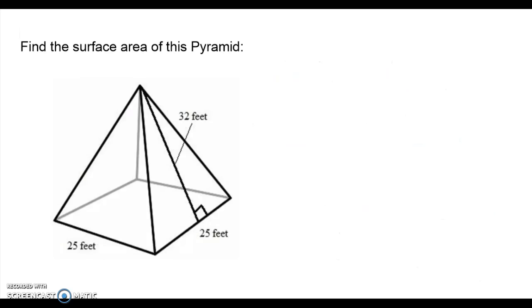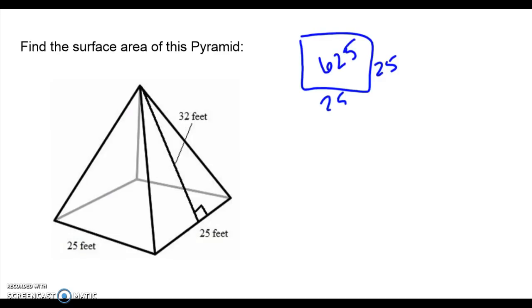All right, finding the surface area of this pyramid. Notice that I have a square base, which means all of my triangles going up have the same base. So my base is 25 by 25, which is 625 feet squared. And then I have all of these triangles.